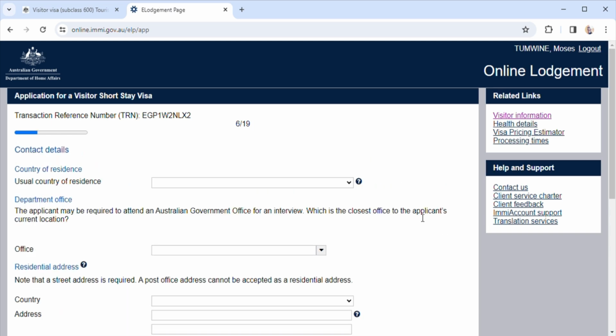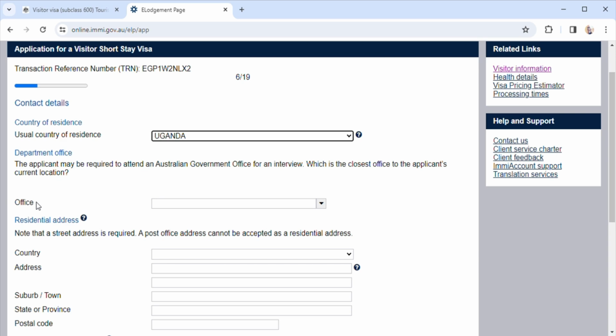So here they are asking you for your usual country of residence. You say Uganda. The applicant may be required to attend an Australian government office for an interview. So here they're asking you for the address of the closest office to the applicant's current location.